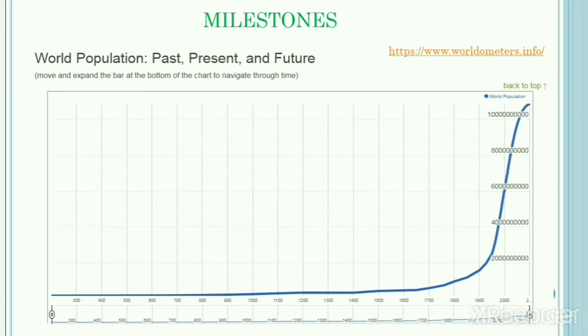And the fifth billion was reached in only 13 years, in the year 1987. During the 20th century alone, it should be noted that the population in the world has grown from 1.65 billion to 6 billion.